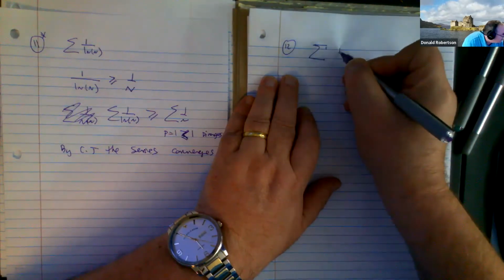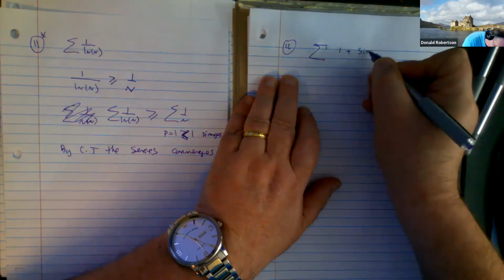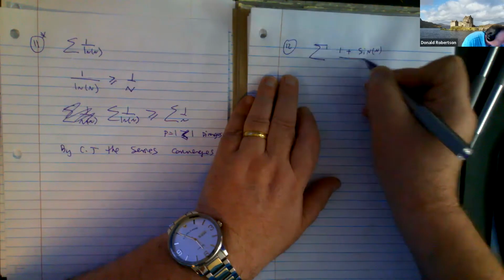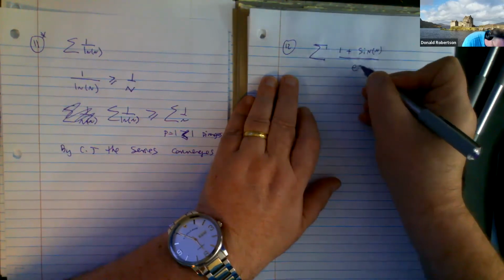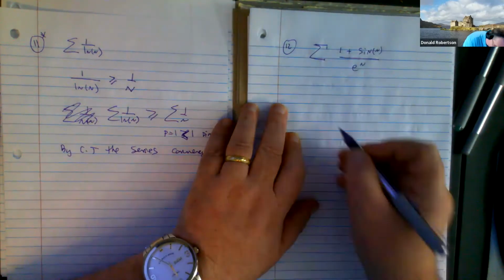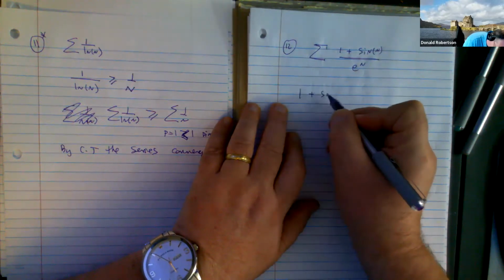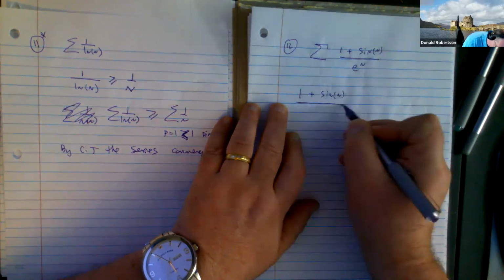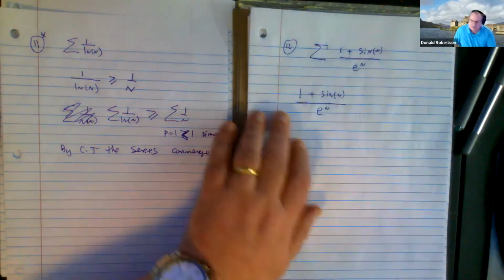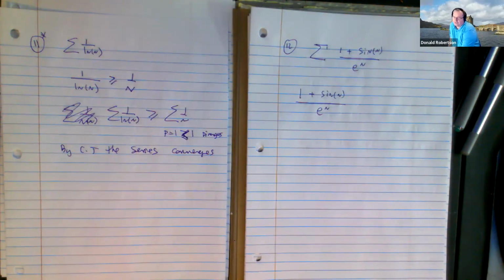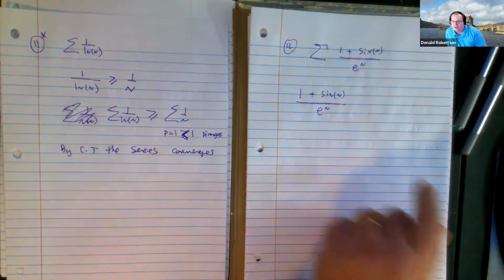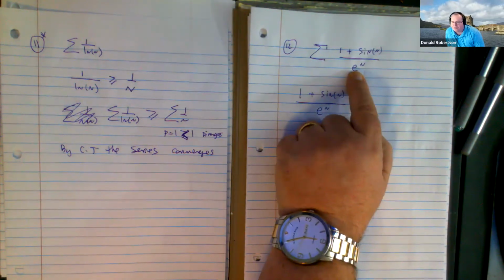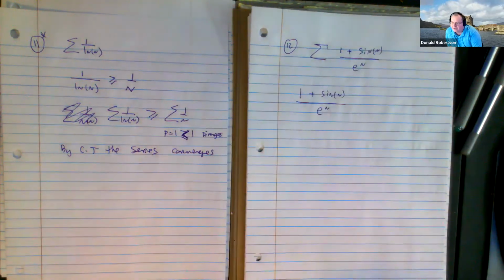And the trick is to find somebody to compare it to. Okay, so I'm going to start with this fella. Now, I know this guy converges. That's important. Now, since I know he converges, and you might say, well, how do I know it converges? Isn't e to the n massive and 1 plus sine n isn't?